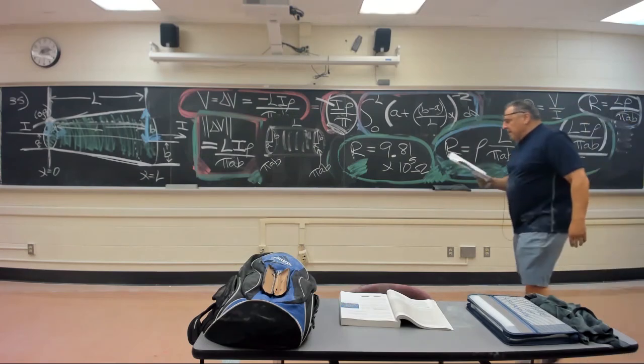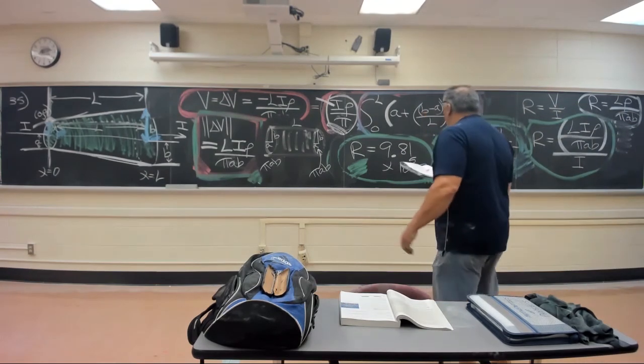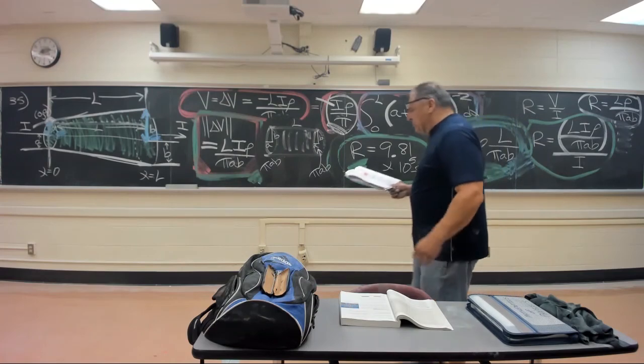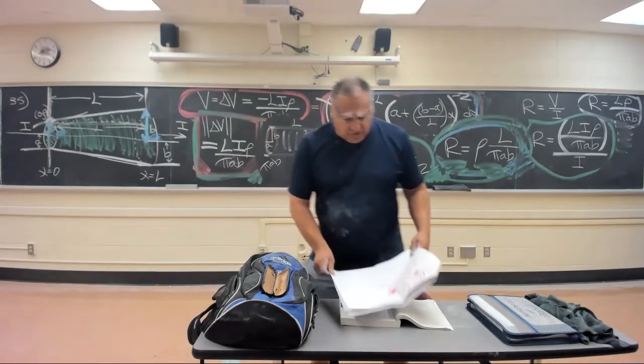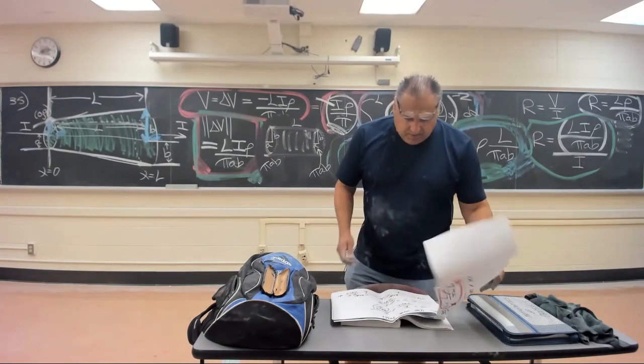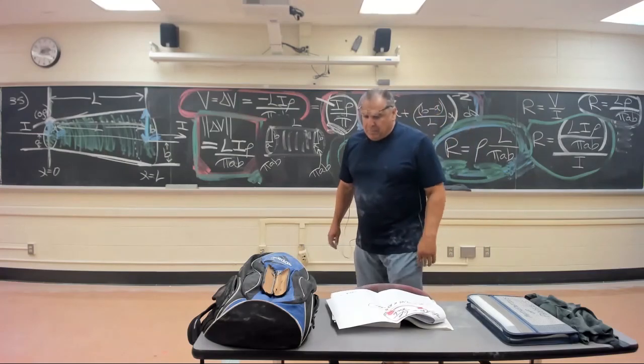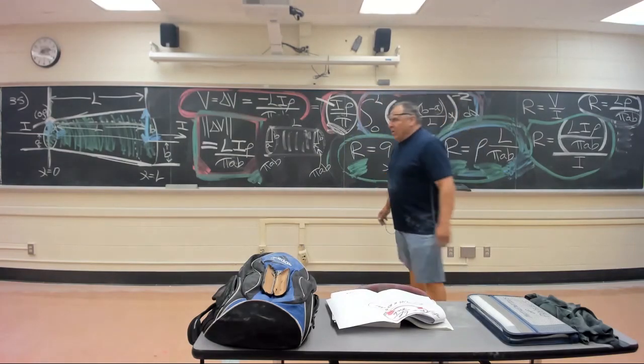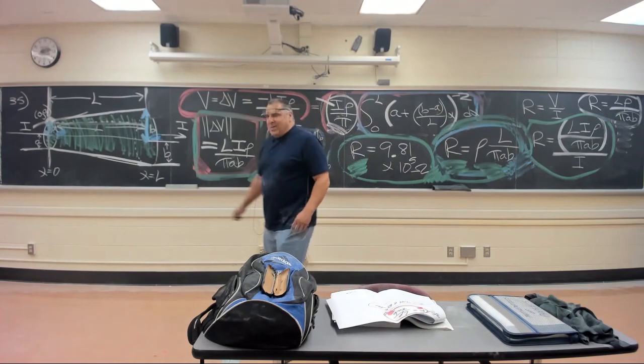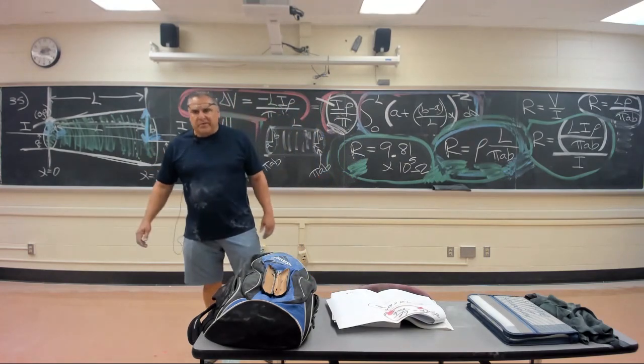9.81 times 10 to the fifth ohms. That's a resistor that is really resisting a lot. You have to remember what the radii were. The radii weren't like 2.3 meters or something like that.